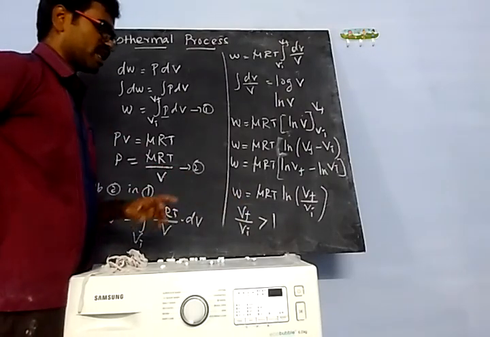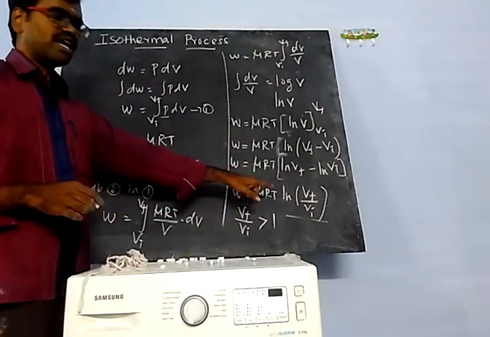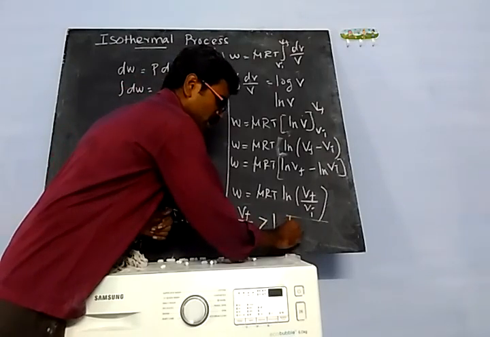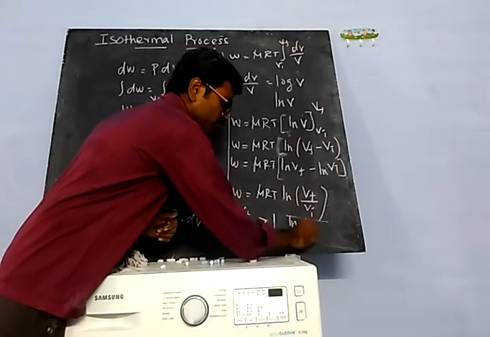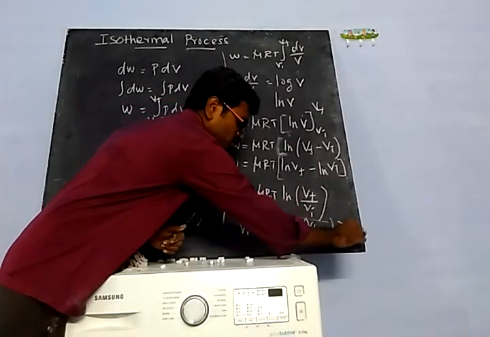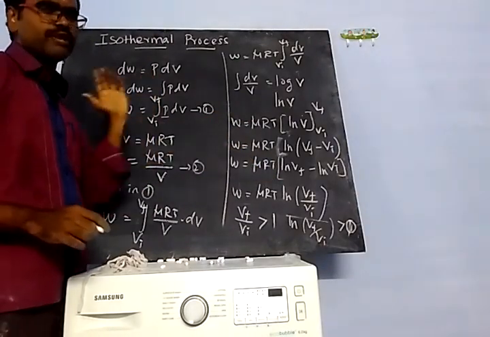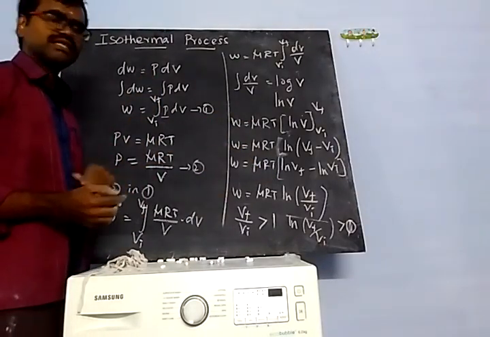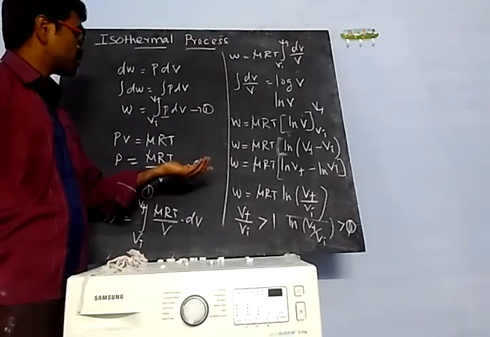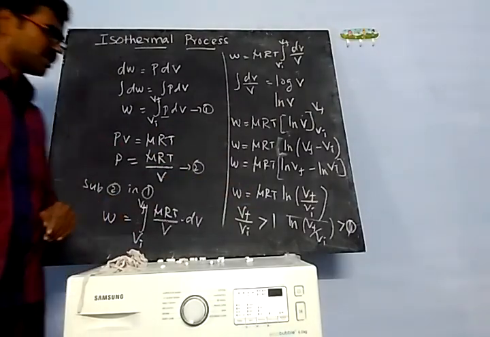What about the natural logarithm value? The natural log of 1 is 0, so the natural logarithm of VF divided by VI is greater than 0, that is positive. So in isothermal expansion, the work done is positive.